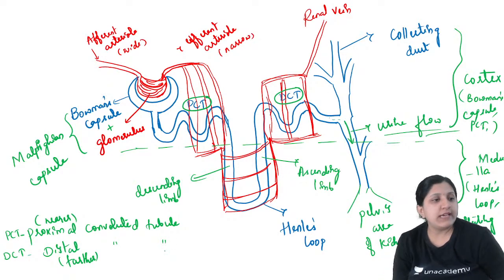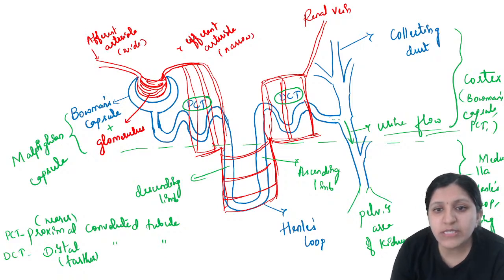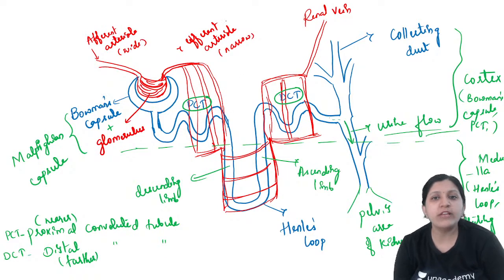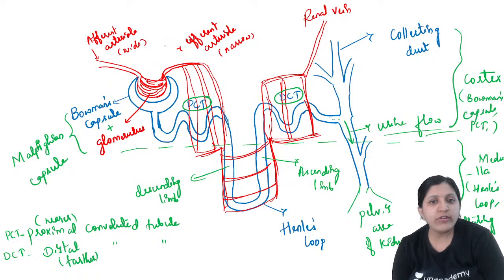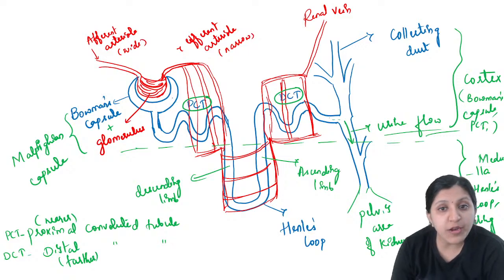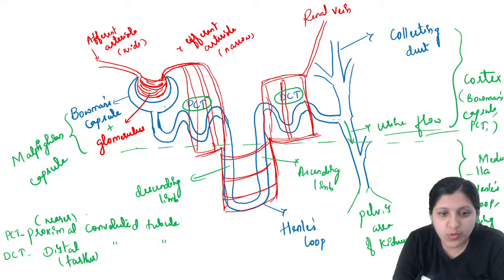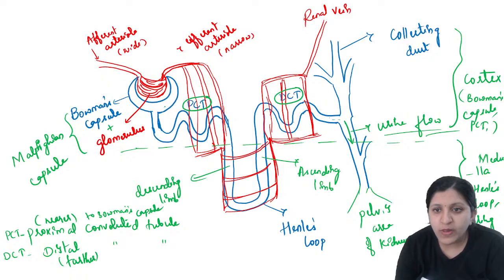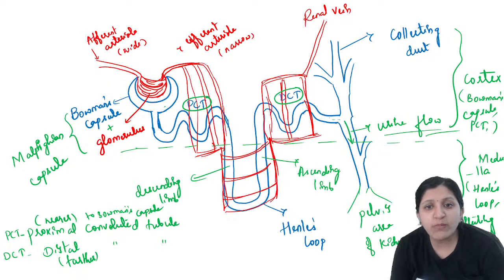When you observe, you can see this PCT, the proximal or first convoluted tubule. It is nearer to what? It is nearer to the Bowman's capsule, so that is why we have named it the proximal convoluted tubule. This one is far from the Bowman's capsule.